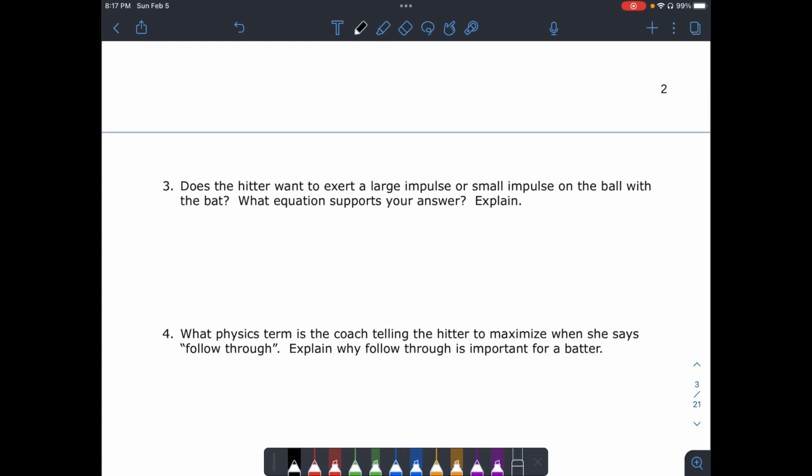Now, does our hitter want to exert a large impulse or a small impulse? Again, we are going to look at our equations, right? And look at those relationships. So we see that our impulse is equal to our change in momentum.